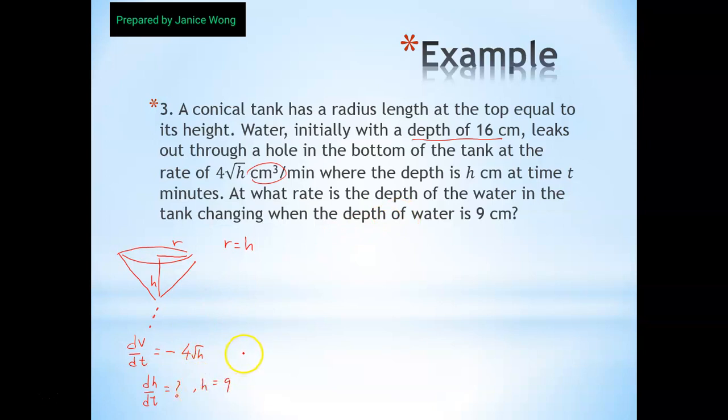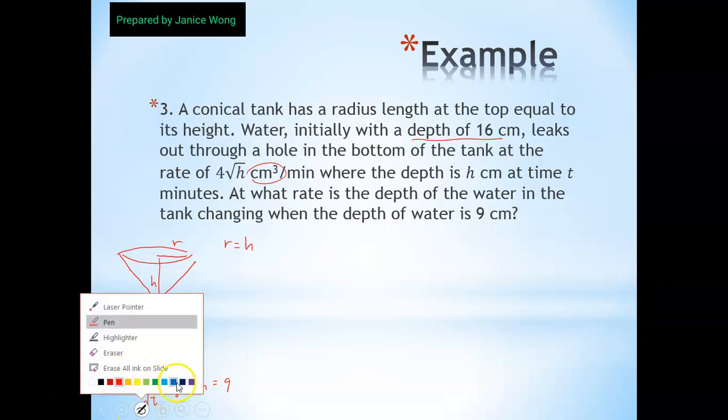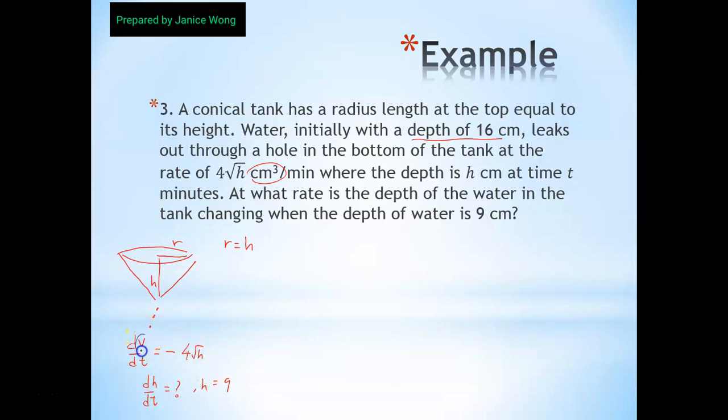First, we need to form a formula. The formula must be, what do you think? Must be in terms of V as well as h, volume and height. Volume of a cone, 1 over 3 pi r squared h.